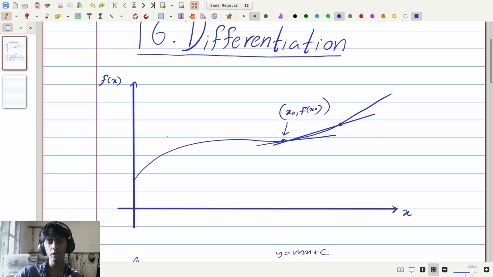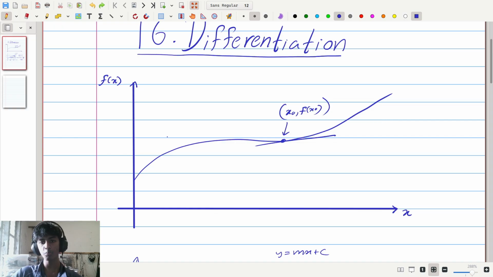Now observe what happens if instead of this faraway point here, I pick a closer point to the point we're interested in. Let's say this point here. If I choose this point here and then I draw this line which is connecting the point of interest and the other point, like this, you can see now the gradient of this line that we just drew is much closer to the gradient that we're interested in, the gradient of the tangent.